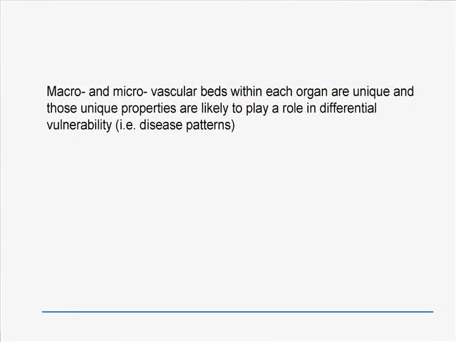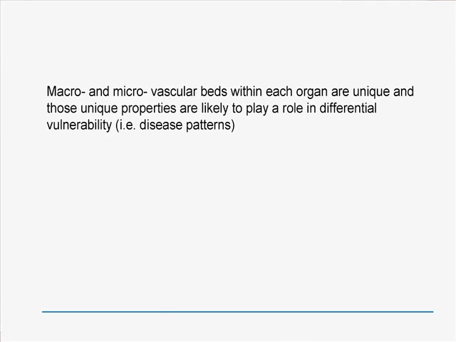And in fact, what developmental biologists and embryologists will tell you, which is just everyday knowledge to them, but is not everyday knowledge to most clinicians, is that the macro and microvascular beds within each organ are as unique and different as the parenchyma within those organs themselves.